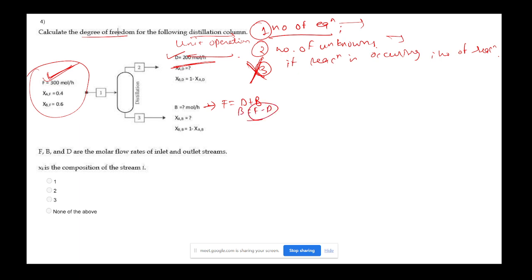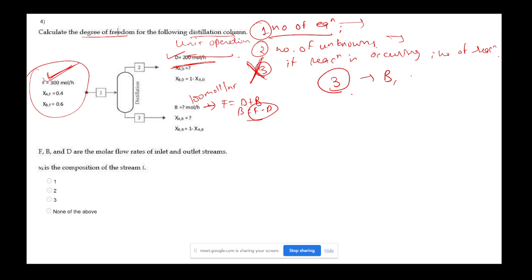Since you know F and D, you will be able to know B, which is 100 moles per hour. Apart from that, you can say that there are three unknowns in this case. One is B, so let's keep this aside for how you can solve.